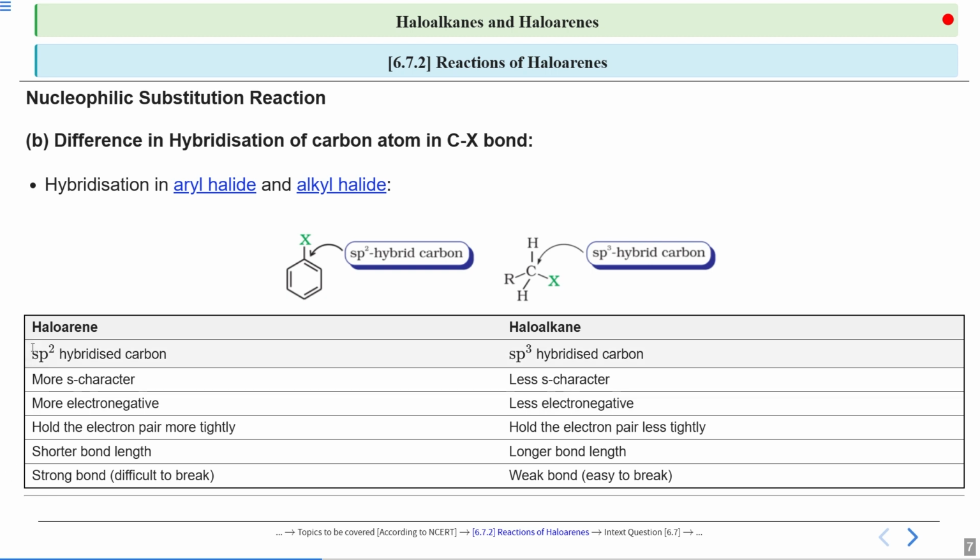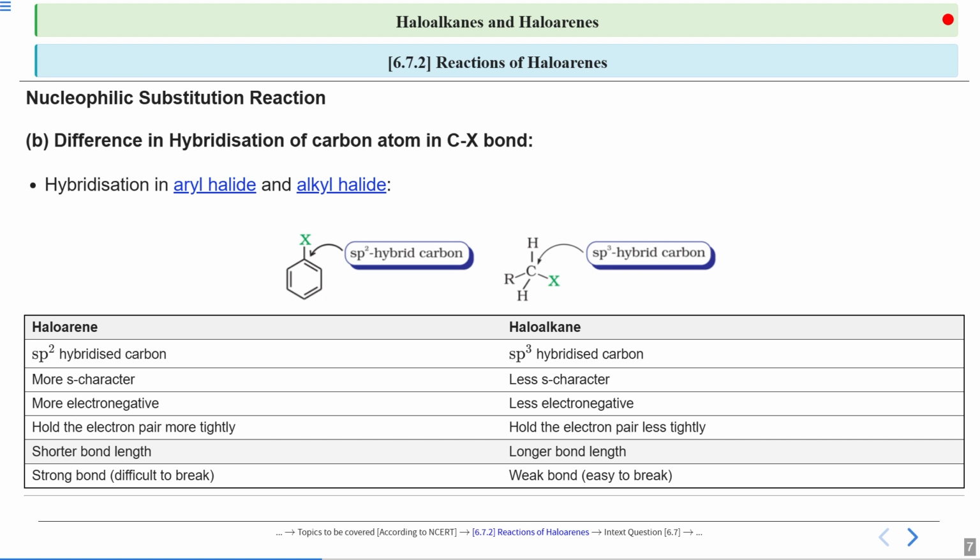Now, in the haloarenes, due to the greater electronegativity, the electron pair will be held more tightly. In the haloalkanes, it is the reverse: the electron pair will be held less tightly because of its lesser electronegativity compared to the haloarenes. Now, in the haloarenes, the bond pairs are held more tightly.